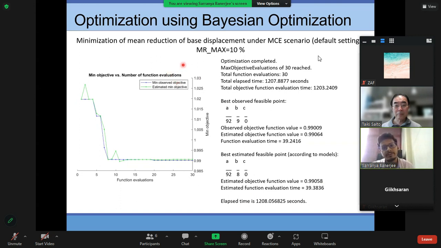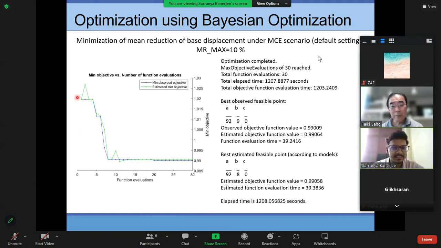For each earthquake, I find the base displacement with the hybrid control system and the base displacement with only the unbonded isolator case, and then I divide them to find the ratio of the displacement by hybrid control divided by base isolator. With that, I will have 20 different ratios for 20 earthquakes, and then I find the mean of the ratio and minimize that problem.